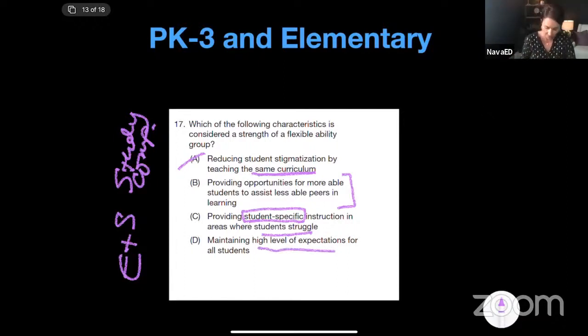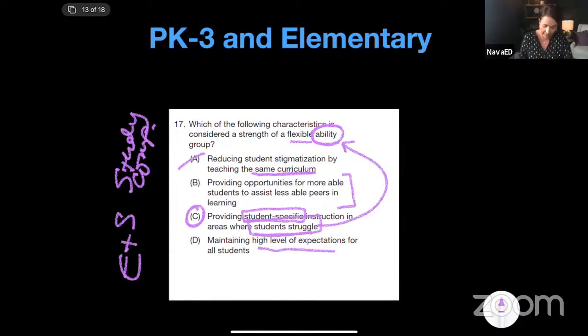Let's read the question. Which of the following characteristics is considered a strength of flexible ability grouping? This is going to lead me to C, because ability has to do with all different levels, and it meets that piece of the struggling students.